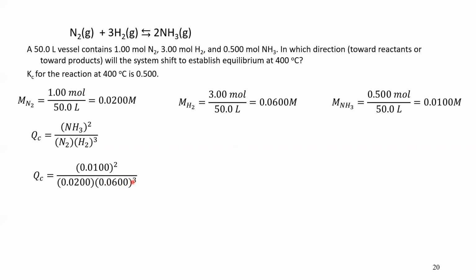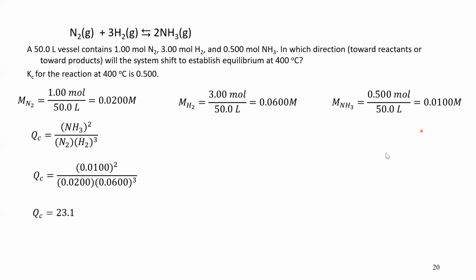We're not going to cube everything. We're just going to cube the hydrogen part of it. So nitrogen's to the first power, hydrogen's to the third power, ammonia's squared. Since we've got 3 significant digits, we want to write 3 significant digits there. So 23.1 would be Q, and there are no units.